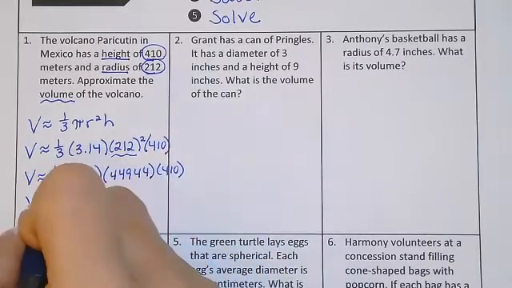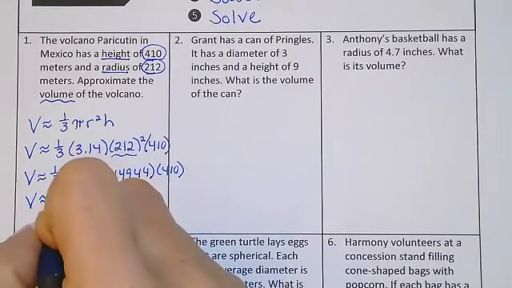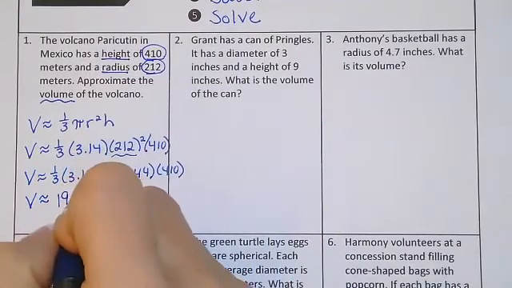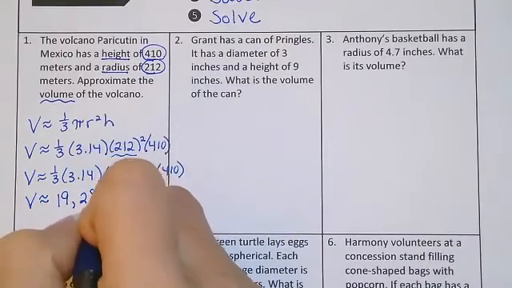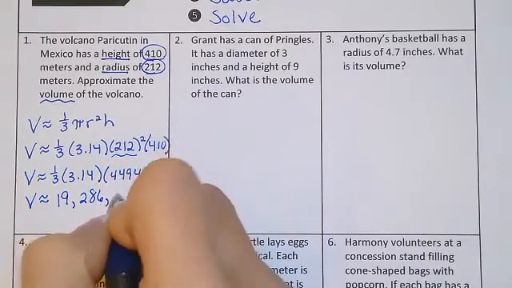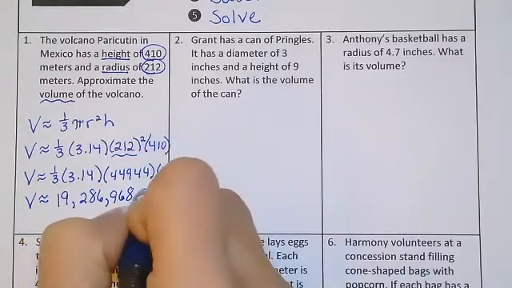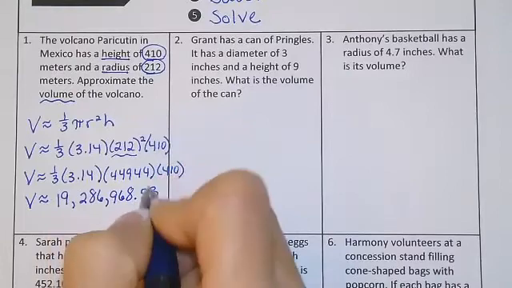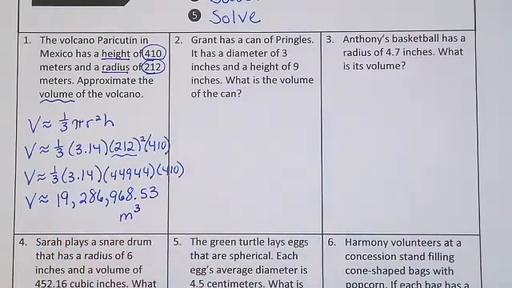Okay, so now we're ready to multiply all the rest together. And the volume of the volcano is 19,286,968 and 53 hundredths meters cubed.